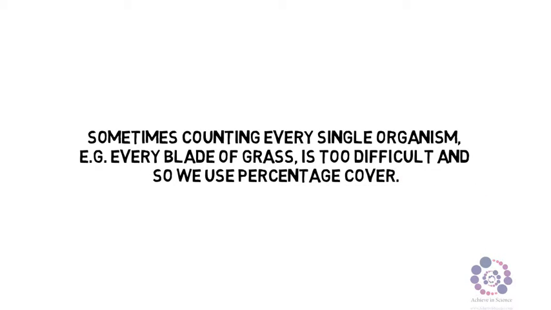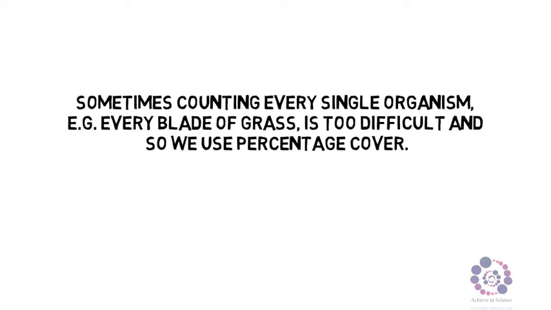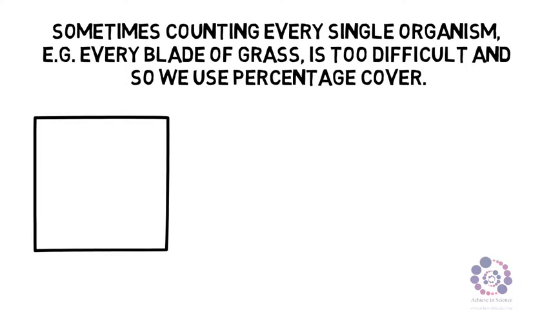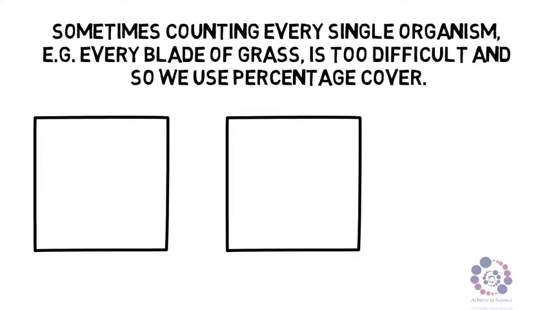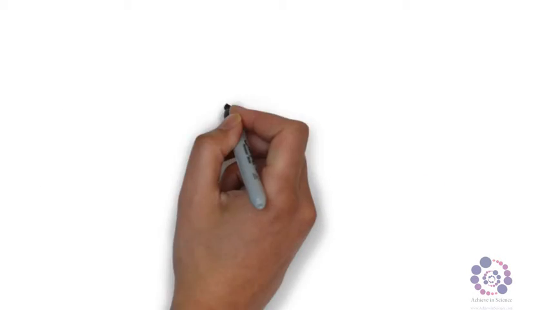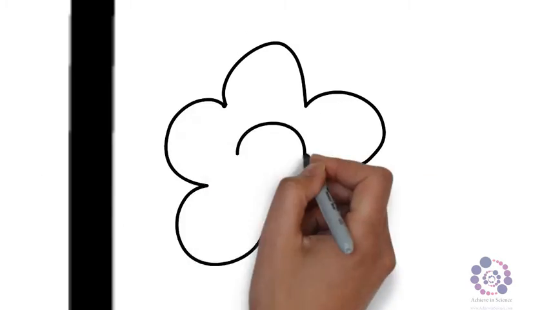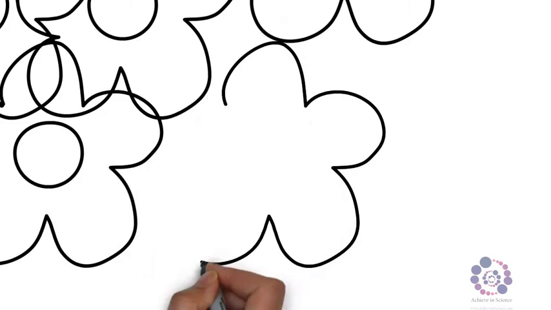So let's have a look at some examples. If we place some quadrats on the ground, so here we've got 3 quadrats. Within each of these quadrats, we find some daisies that are covering the ground.